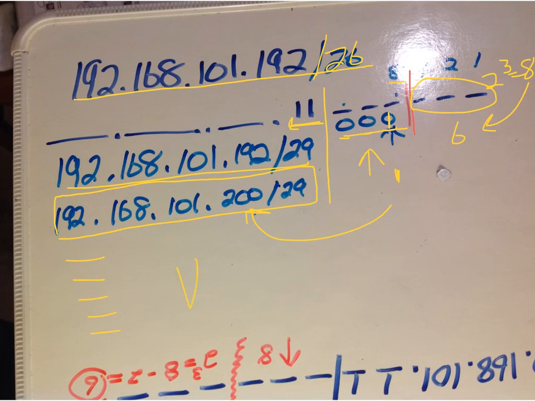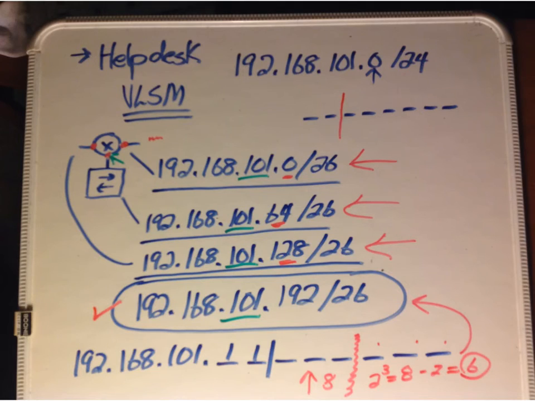Yes, and then that is really representing variable length subnet masking. Right? Variable length. So this is where we got that address to do the variable length subnet masking.